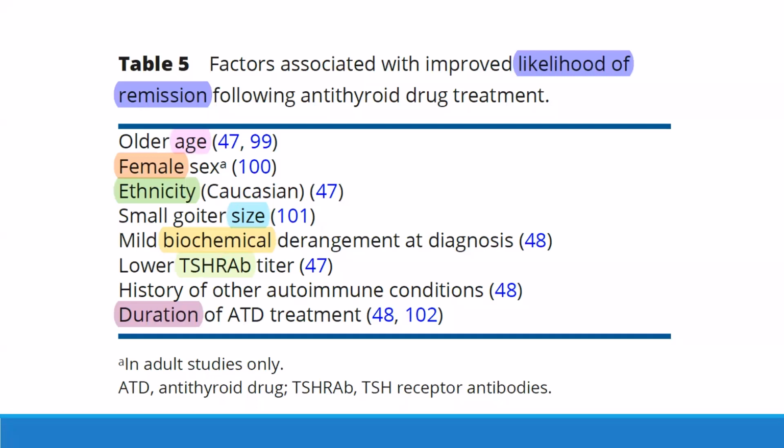Older age, female sex, some ethnicities like Caucasian, a small goiter, mild biochemical hyperthyroidism initially, lower TSH receptor antibody, a history of other autoimmune thyroid disease, and also a long duration of antithyroid drug treatment. And actually, most of these factors depend upon adult studies.